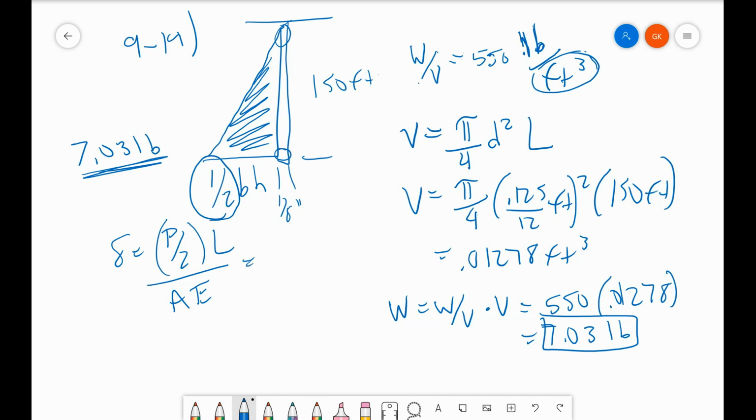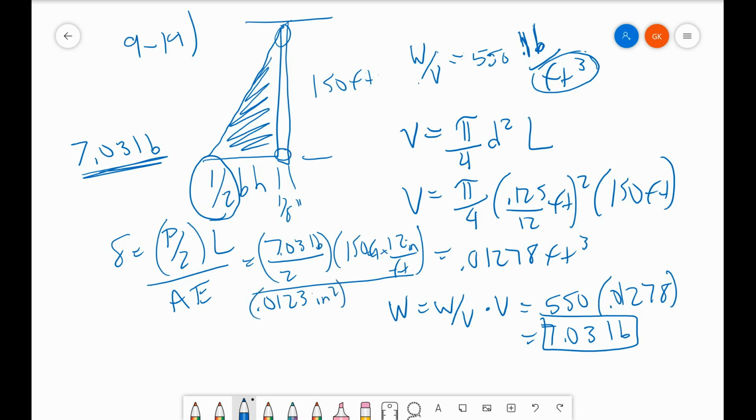Plugging in, I get 7.03 pounds over 2 times 150 feet times 12 inches per foot, all over the area, which we calculated as 0.0123 inches squared, and the modulus of elasticity, which is 15 million psi because it's a copper wire.